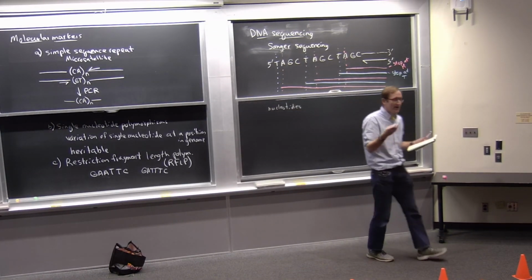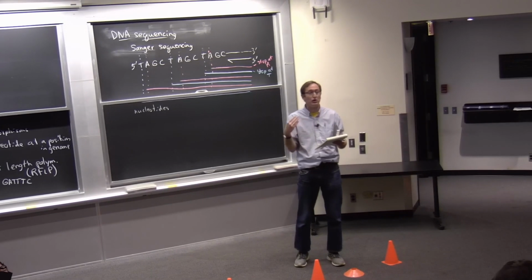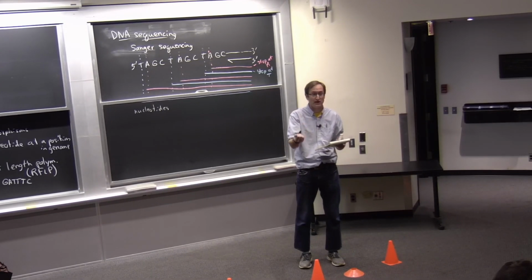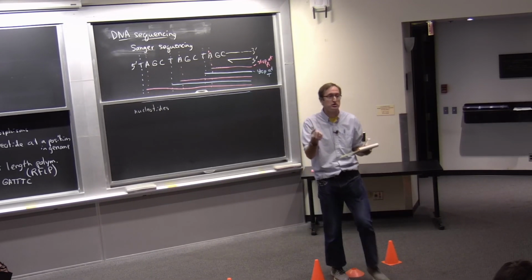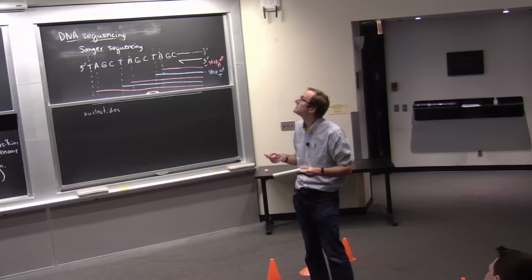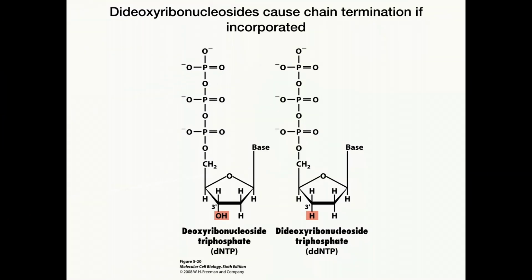All right, so what we need now then is some sort of tool or ability to stop DNA polymerase when there's a certain nucleotide base, okay? And to do that, we can use this type of molecule here, which is known as a dideoxy nucleotide. Remember, for DNA polymerase to elongate a chain, it requires that the last base have a 3' hydroxyl. Okay?